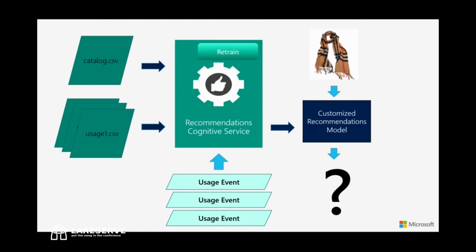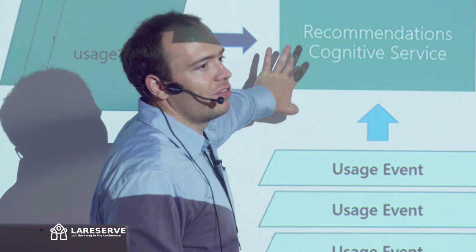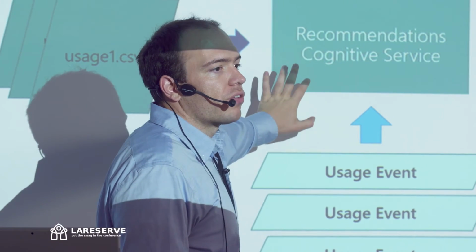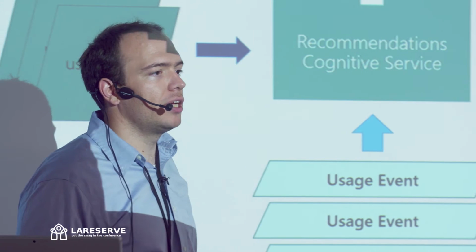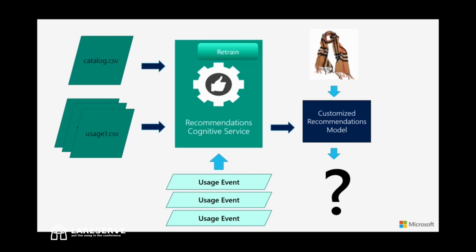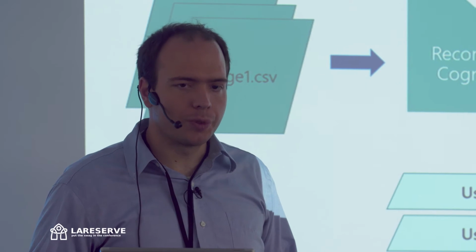So we feed those in a slightly different way. Those actually get fed in whatever schedule you want into the recommendations API service so that you don't have to start from scratch with the new data. It actually gets augmented to the original data just by feeding it in as your application experiences it.